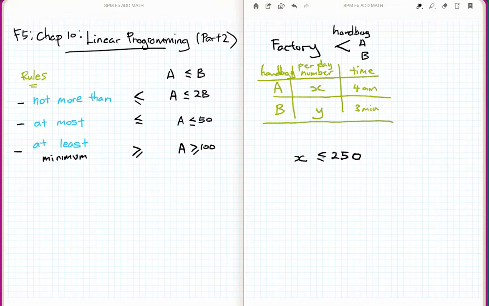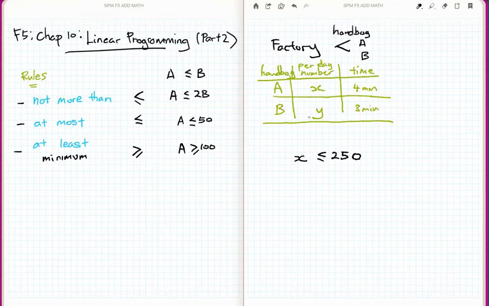Then the number of B is more than twice the number of A by at most 60.